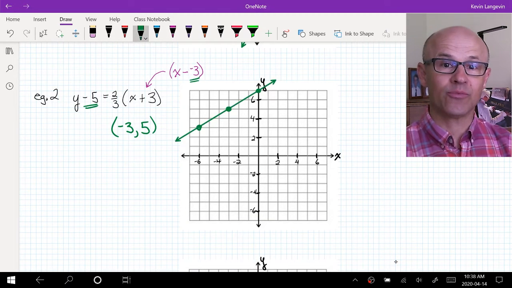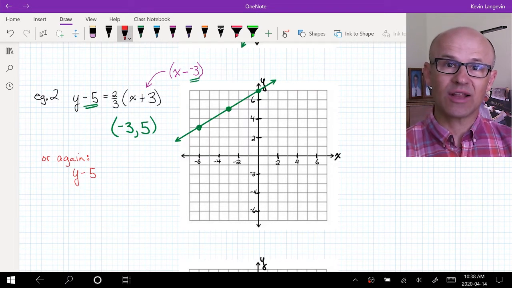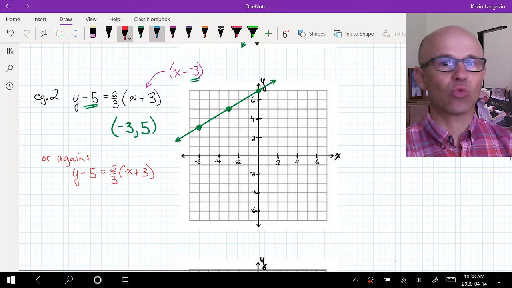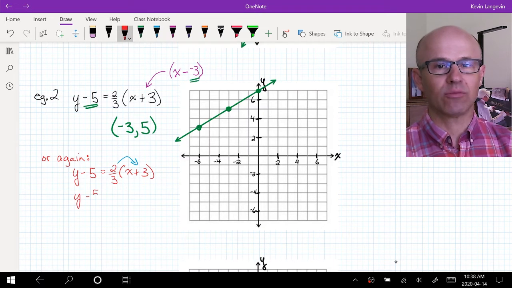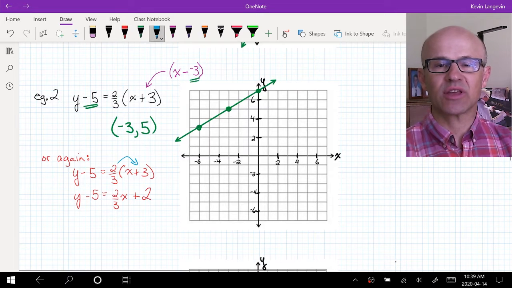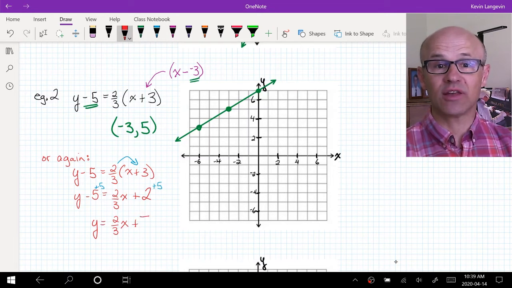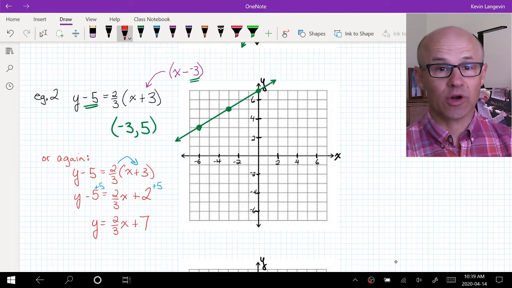Draw my line. Please, everyone, make sure that you are drawing your lines from one side of the grid right through to the other. Put arrows on both sides. Again, in the notes here, I rearrange everything and I rewrite it in y equals mx plus b form. And we do find, once again, it is working out exactly like last day's lesson.